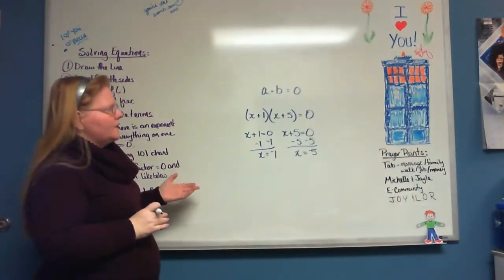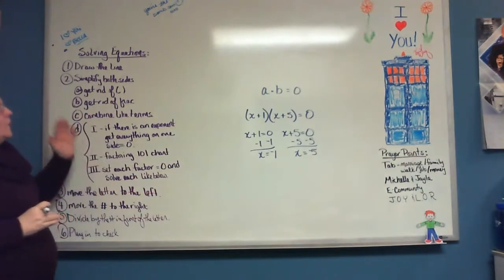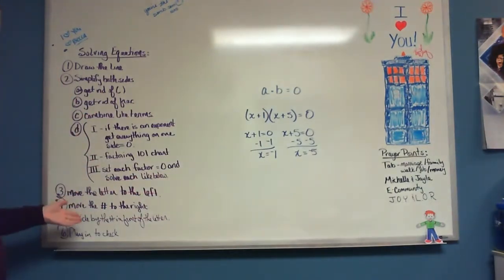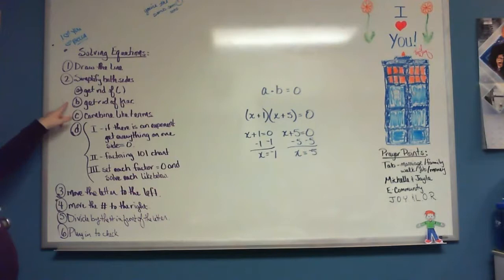So back when we solved equations before, we used this procedure. Ta-da! I know it's great, right? You remember you had to draw the line underneath the equal sign, you had to simplify both sides, get rid of the parentheses, get rid of the fractions, combine like terms. Wait a minute, what's all this?